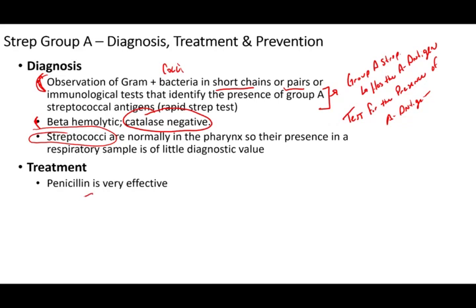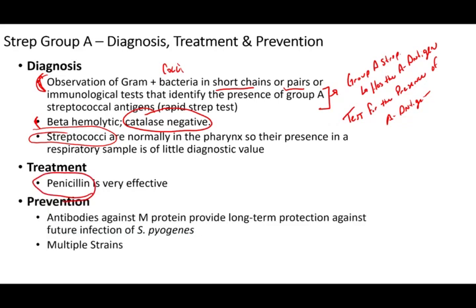Penicillin works for most strains, so that's different from Staphylococcus as well. And then prevention, you probably experienced this. It is possible to get strep throat multiple times throughout your life, so you do generate protection, but there are a bunch of different M proteins out there, which are one of the important targets of our immune response.